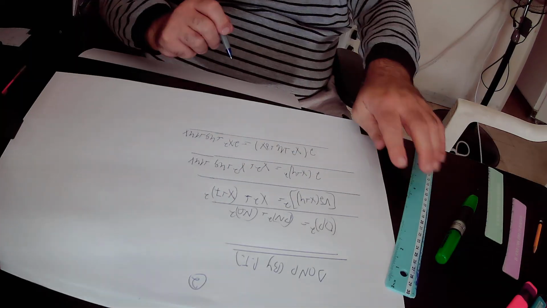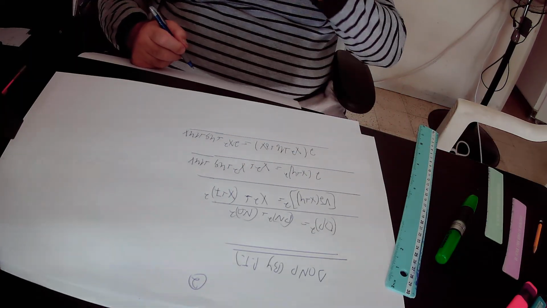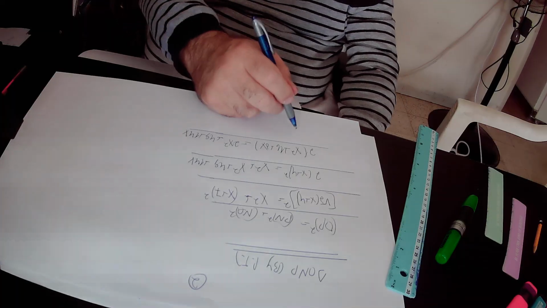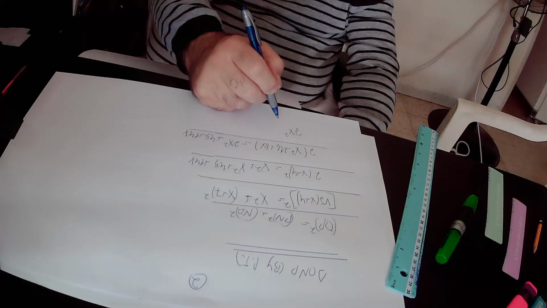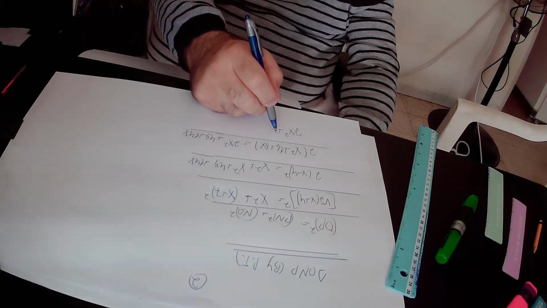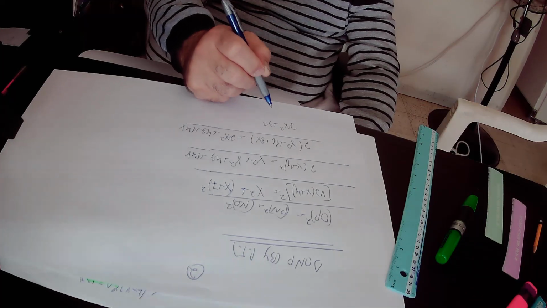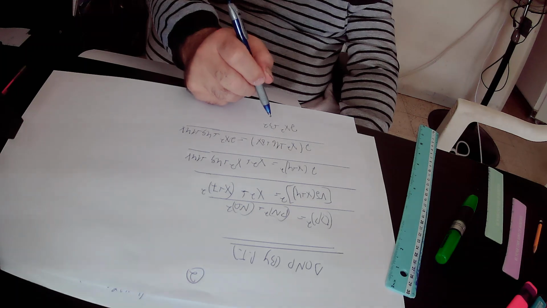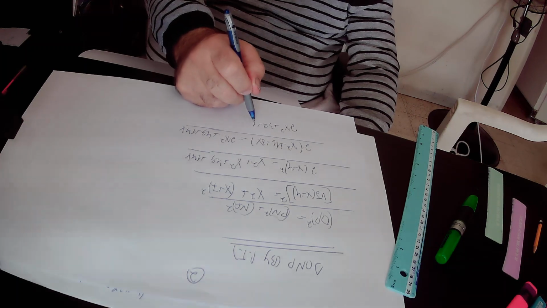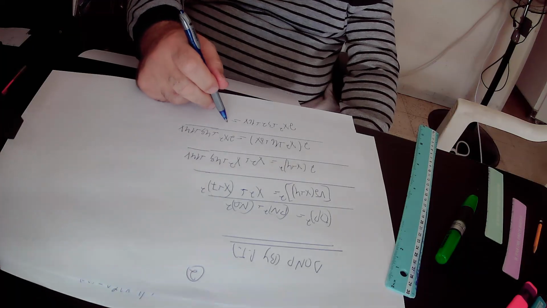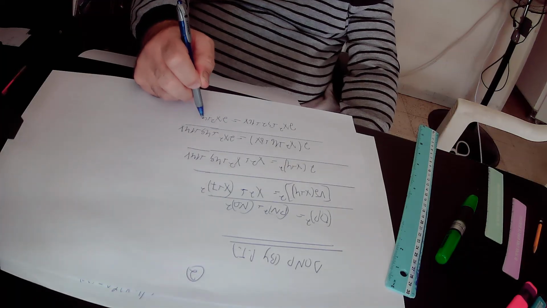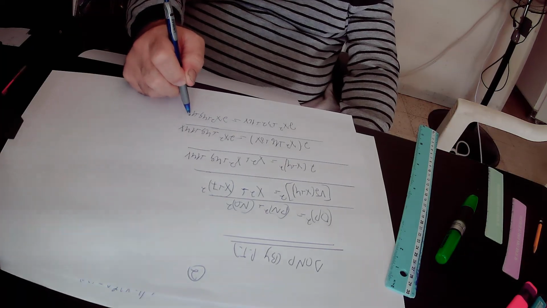So here we open the brackets on this side of the equation. We get 2 times x squared, 2 times 16 is 32, so it is plus 32. And 2 times 8x is 16x. And it equals 2x squared plus 49 plus 14x.